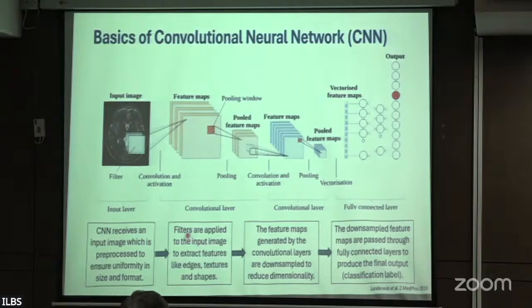Now filters are applied to the input image to extract features like edges, texture, and shapes. The whole thing of image interpretability lies in this convolutional layer. And with this filtering operation, the features are extracted, and the feature maps generated by the convolutional layer are downsampled to reduce the dimensionality. This is pooling.